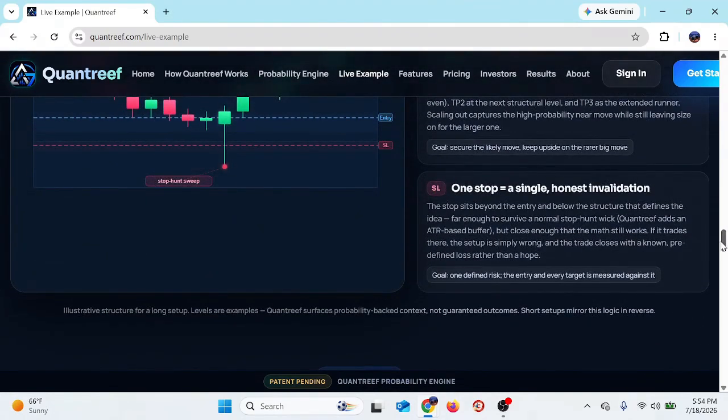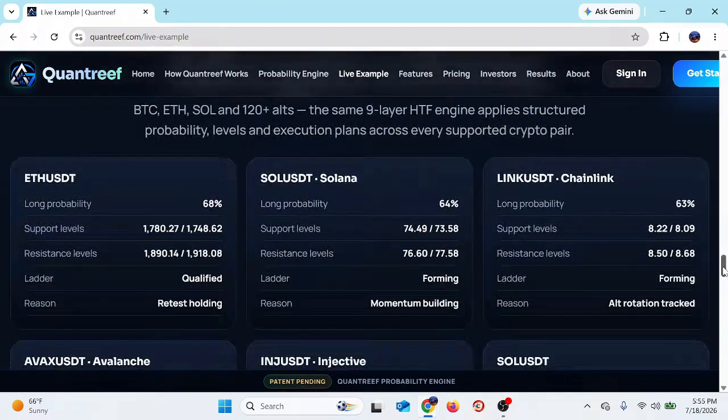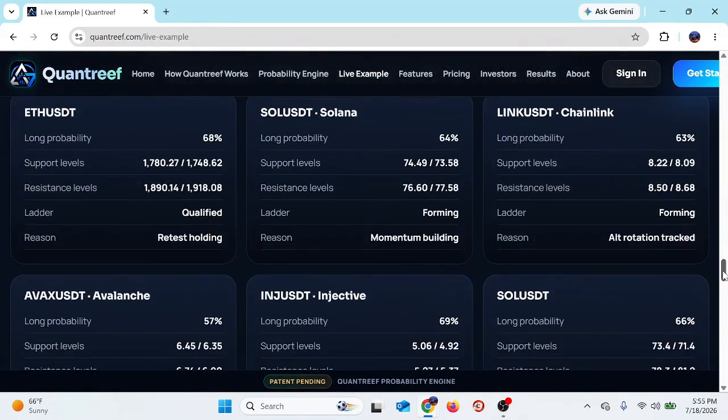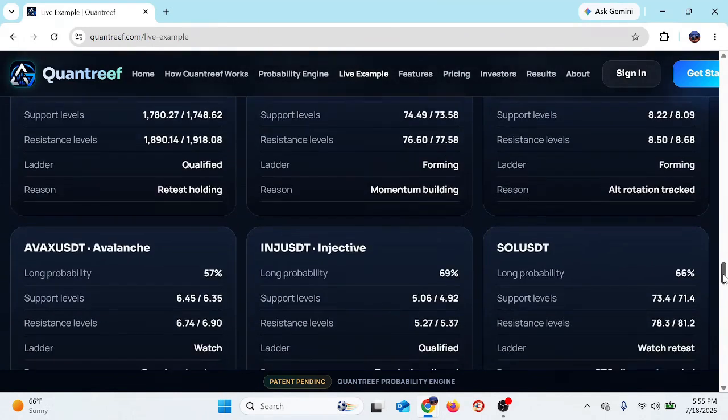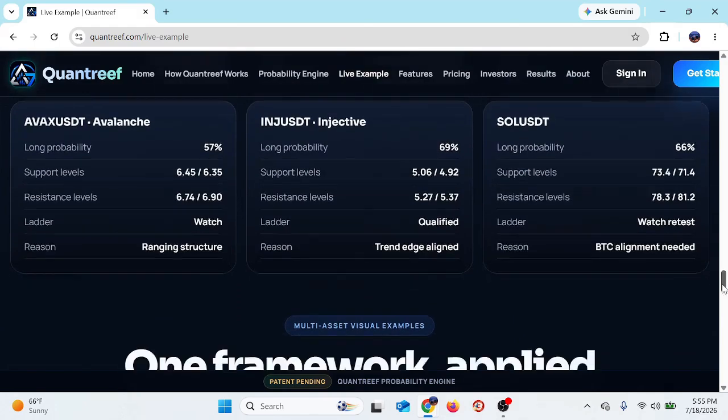It evaluates market trend, momentum, liquidity, volatility, market structure, volume, multi-time frame confirmations, and overall risk versus reward for every setup.